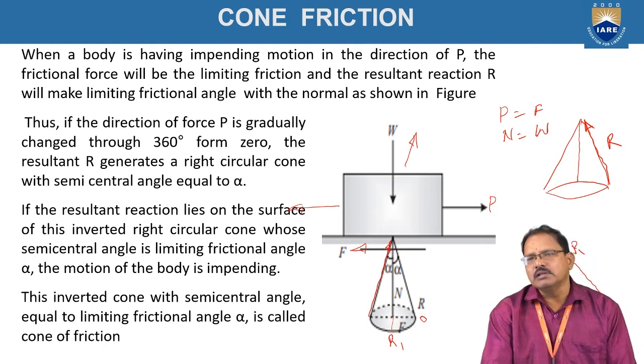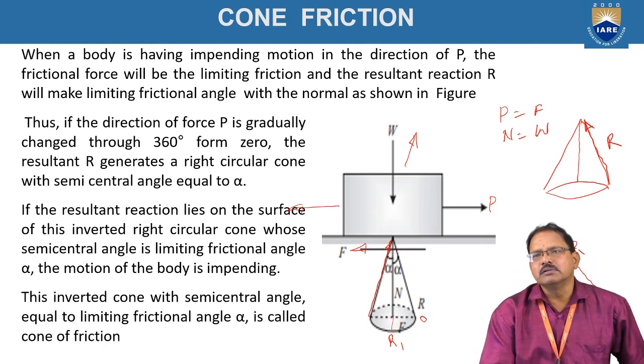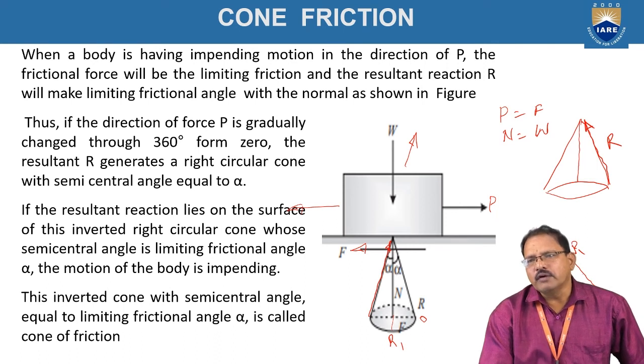That means when the applied force is rotated from 0 to 360 degrees, the resultant of frictional force and normal reaction will follow the locus of a right circular cone.